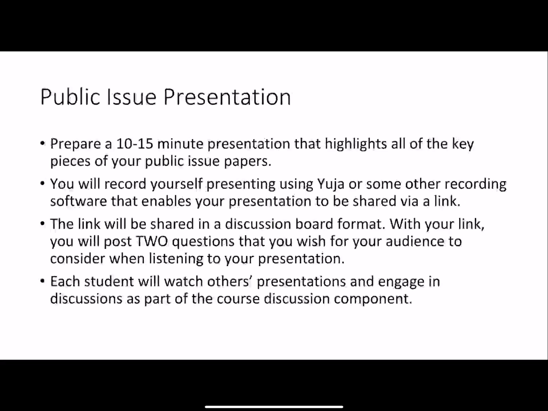So you'll discuss things like define the issue, discuss the scope, intensity, the demographics, any policies and laws that are in place, what's being done globally, nationally, what other states are doing, and then you're going to describe your ideas for approaching the issue. So that's what goes into that 10 to 15 minute presentation.